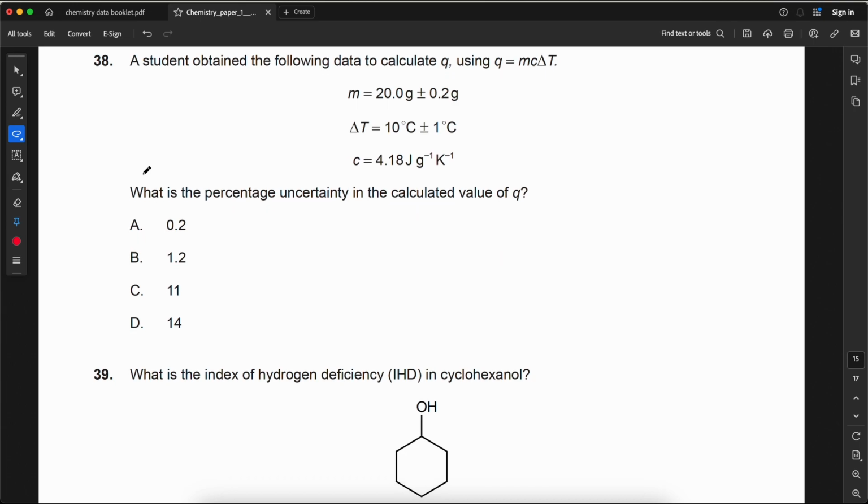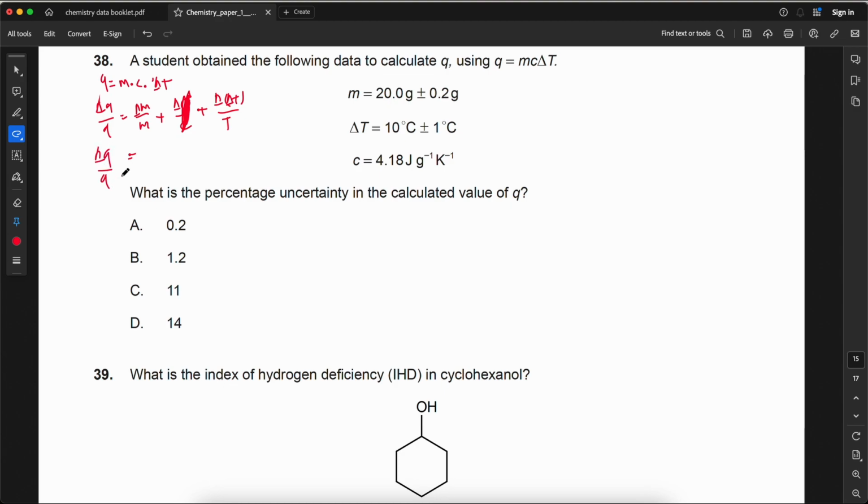A student obtained the following data to calculate Q using Q equals MC delta T. What is the percentage uncertainty in the calculated value of Q? So Q equals MC delta T. So delta Q per Q equals delta M per M plus delta C per C plus delta T over T. This one, there's no error because it's a constant.